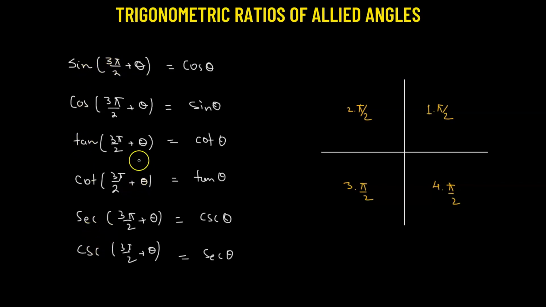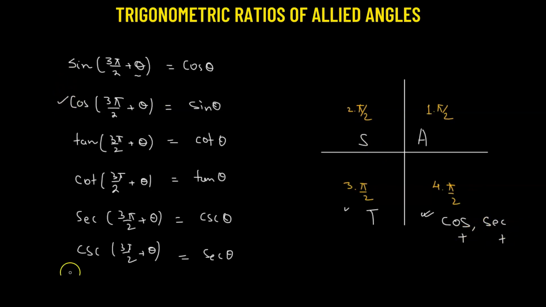Now coming to the sign part, 3 pi over 2 means we are in the third quadrant. But this time we are going to add another angle theta to it, which takes it to the fourth quadrant. Now in the fourth quadrant, we know that we have A, S, T, C. So C stands for cosine and its reciprocal, which is the secant function. So these two are going to be positive, everything else is negative.